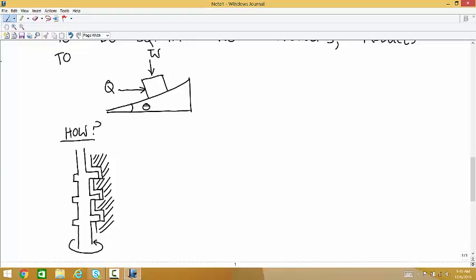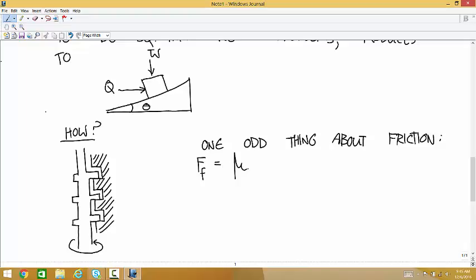And there's a counterintuitive thing about friction. One odd thing about friction is that the friction force is equal to the coefficient of friction times the normal force, meaning it has no dependence on the surface area of contact.